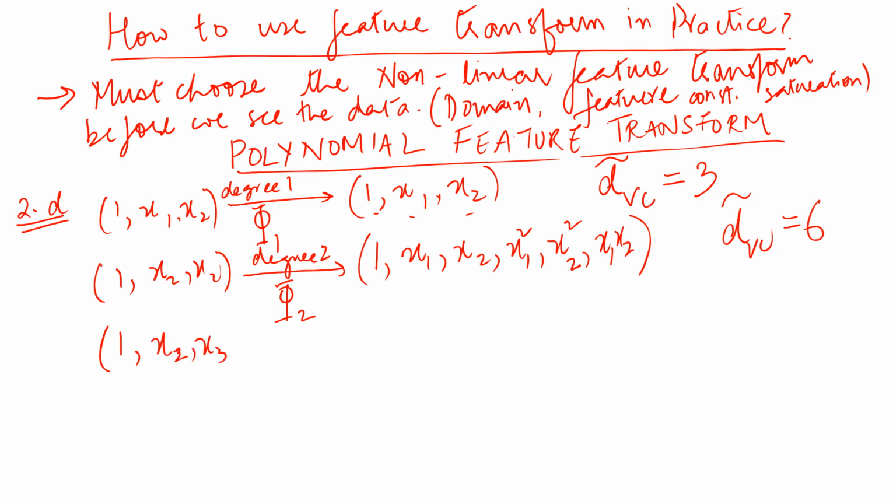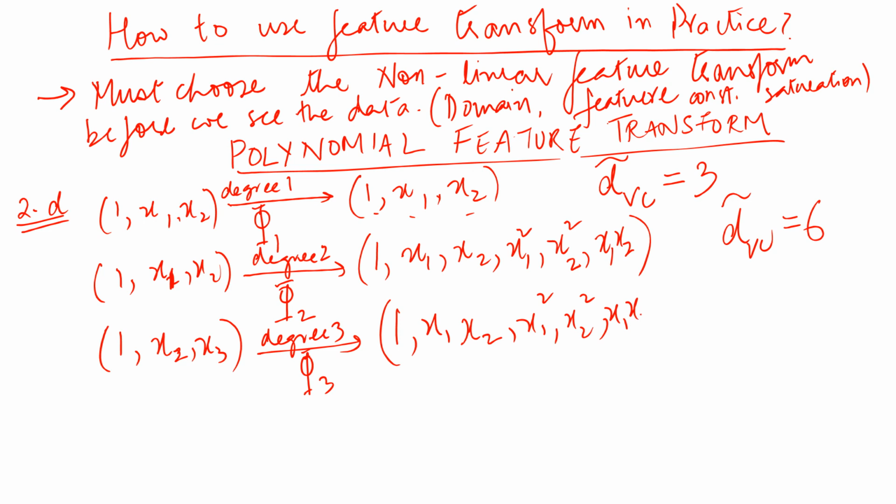Okay, so similar to that, let me apply the same input. Okay, this has to be 1. And degree 3, phi 3, and this is going to give me all the terms up to the cubic terms, right? So 1, x1, x2, and then similar to this, let me just copy this first, x2 squared, x1 x2, and then all these terms as well, right?